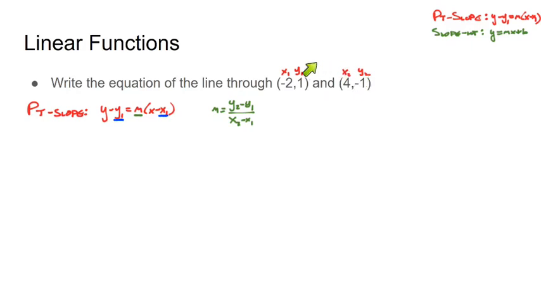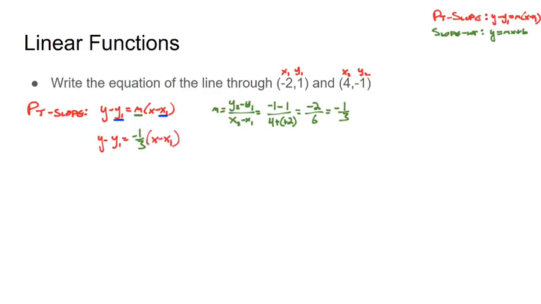I'm going to subtract the y coordinates, y2 minus y1, over x2 minus x1. You have to be careful with your signs. My numerator becomes negative 2. My denominator, when I'm subtracting a negative, I'm going to add, becomes positive 6, and that simplifies to negative 1/3.